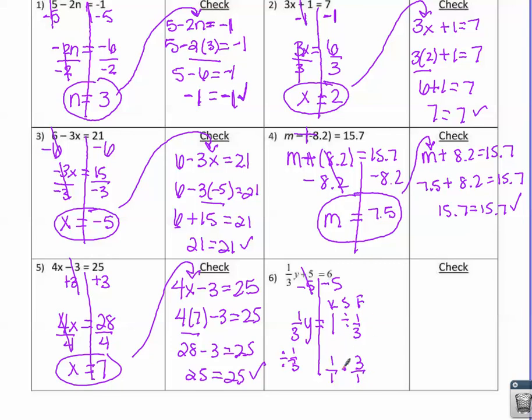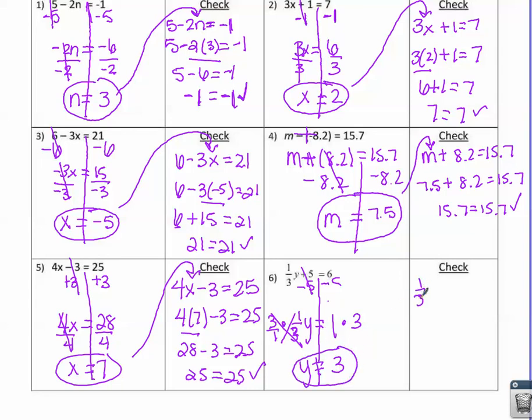Same concept applies here, except instead of going through all of this, you can, instead of dividing by 1/3, multiply by its reciprocal, because that's what's going to end up happening. So you have y equals 3.